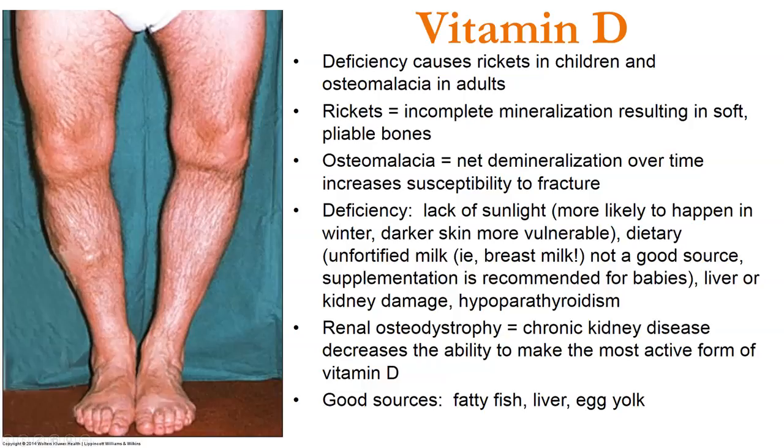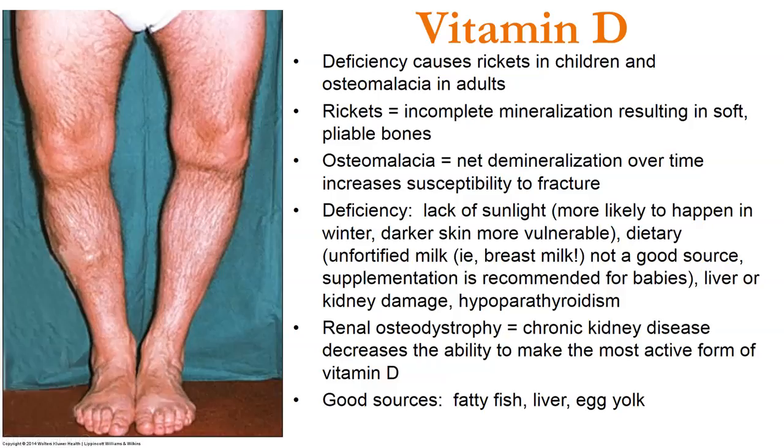So some of the things you're going to see besides the osteomalacia are these effects on bone, liver or kidney damage because of effects on calcium. Liver or kidney damage will cause a deficiency of vitamin D. Why is that?